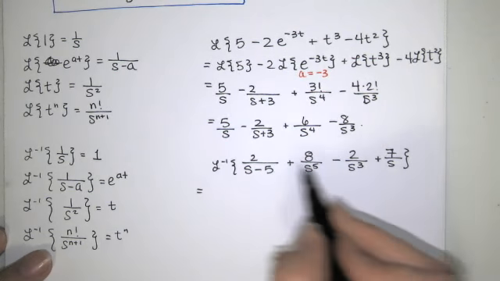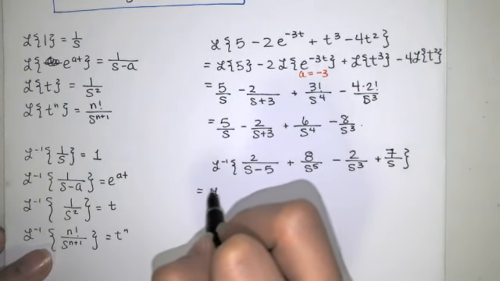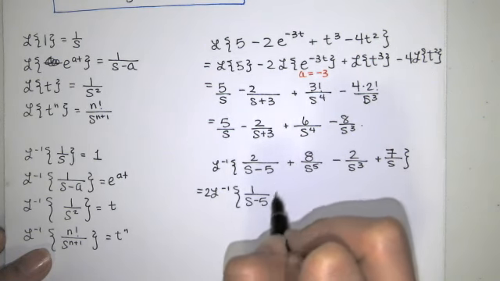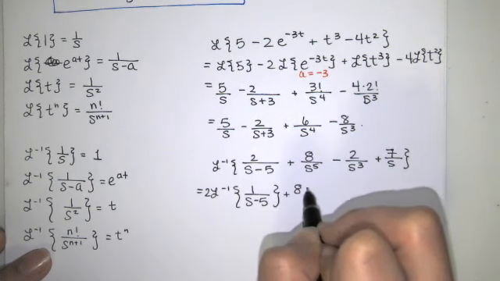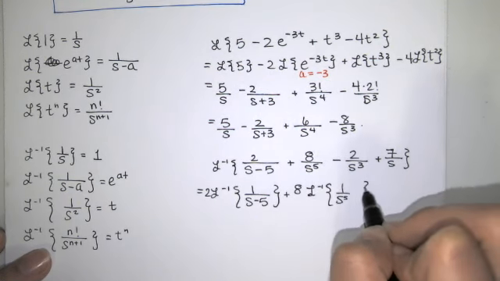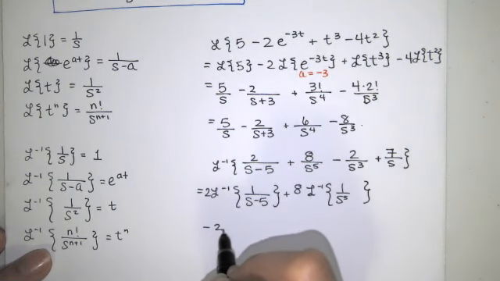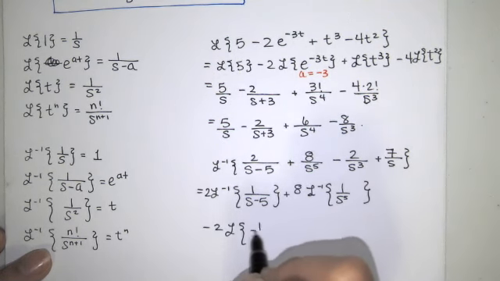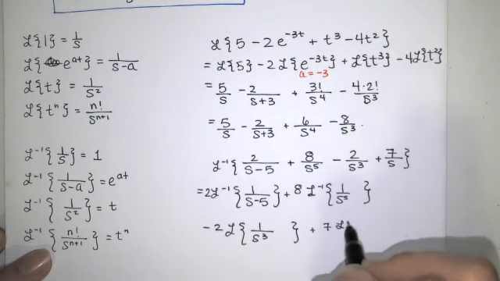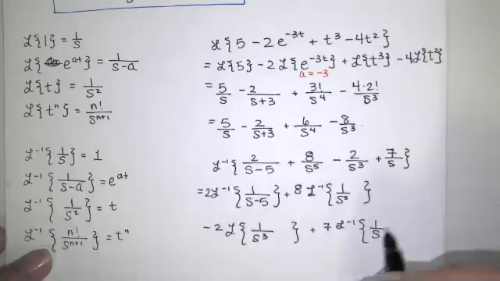Well, we can factor out each of those constants. So this is 2 times the inverse transform of 1 over s minus 5. And this is 8 times the inverse transform of 1 over s to the 5th. Minus 2 times the inverse transform of 1 over s cubed. Plus 7 times the inverse transform of 1 over s.